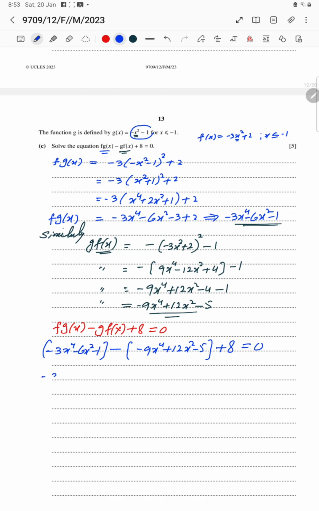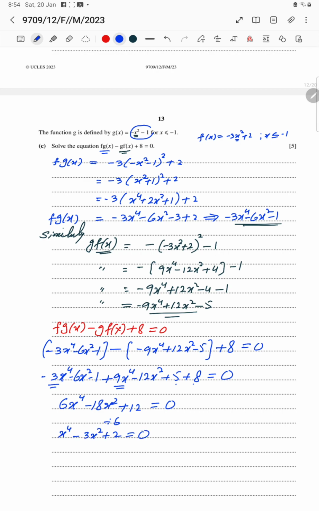Expand and simplify: we get 6x^4 minus 18x square plus 12 equal to 0. We can further simplify by dividing by 6: x^4 minus 3x square plus 2 equal to 0.